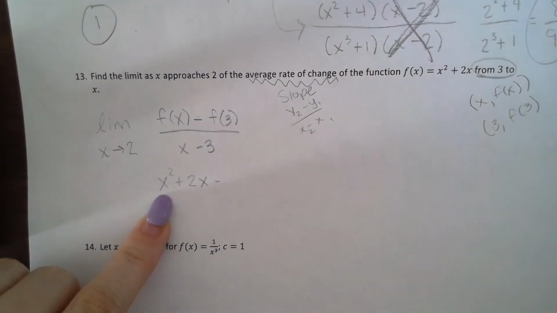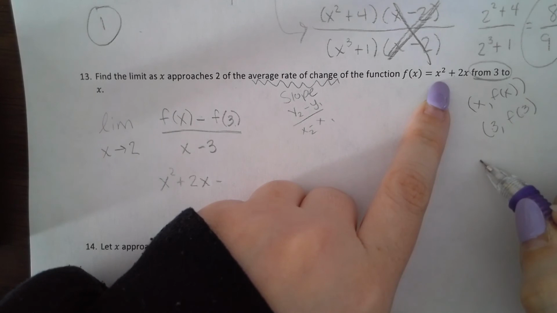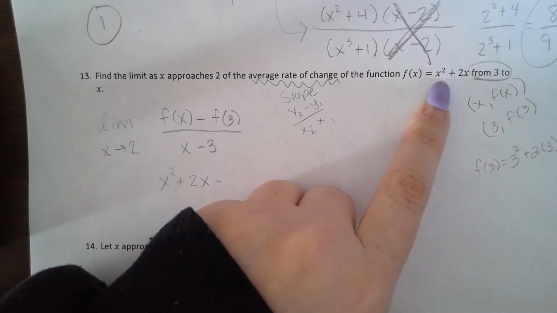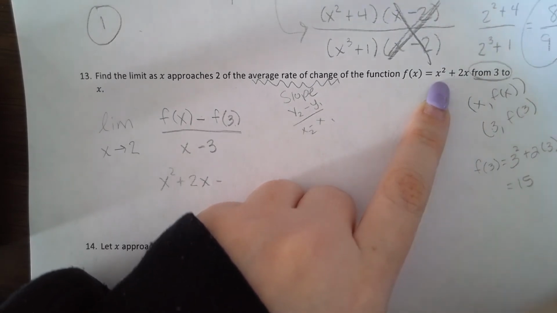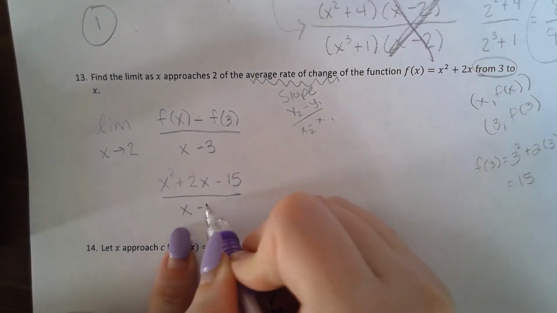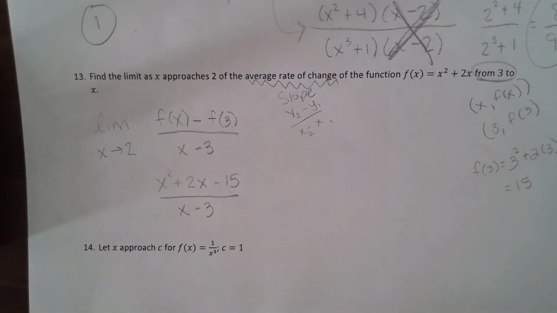Minus f of 3. Well, f of 3 just means plug 3 in. So if I plug 3 in here, f of 3 is going to equal 3 squared plus 2 times 3, which gives us 9 plus 6, which is 15. So f of 3 is 15, all over x minus 3. Now, like I said before, when in doubt, factoring can't hurt.